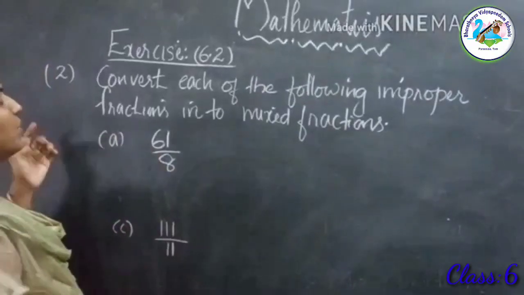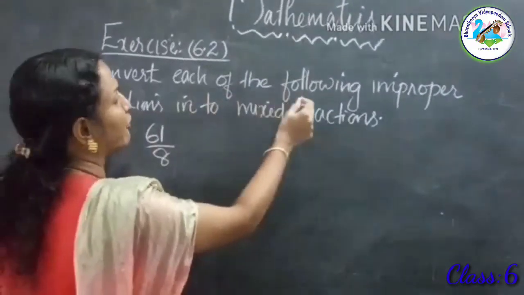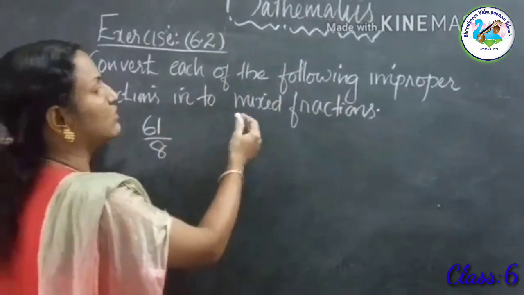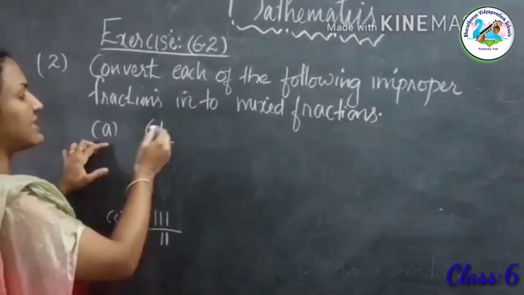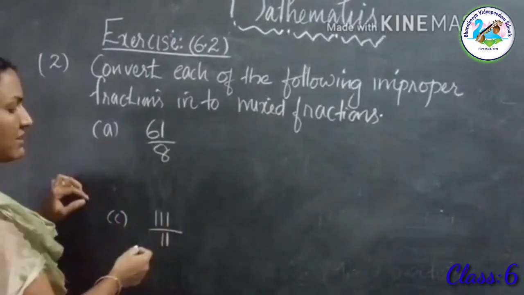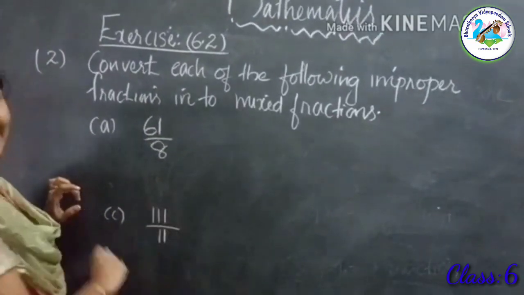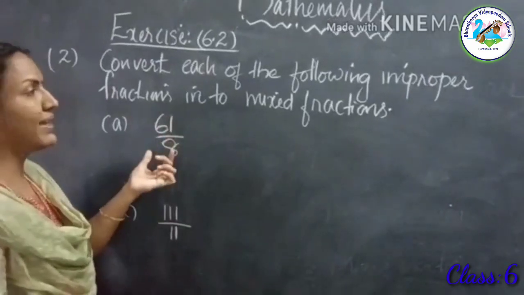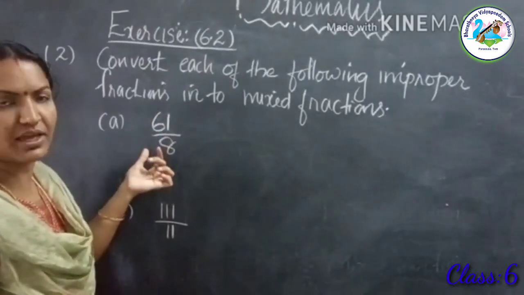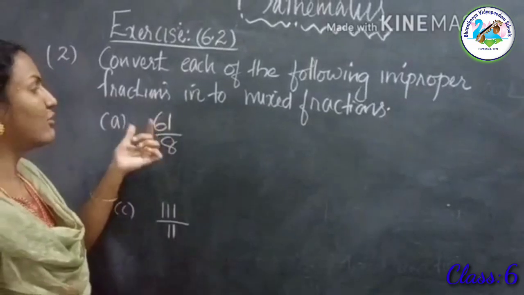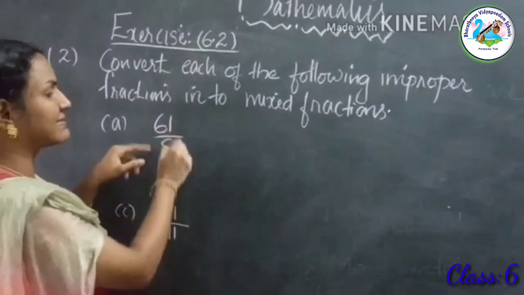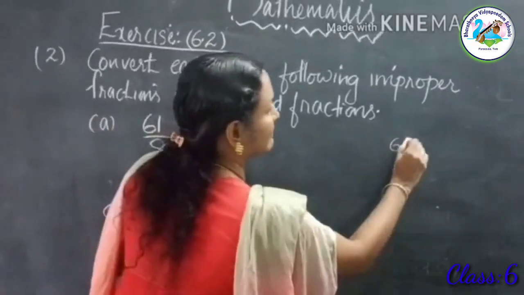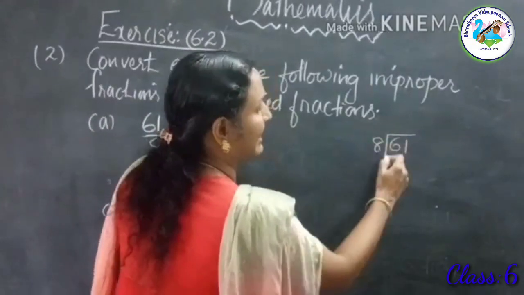Next, question number 2. Convert each of the following improper fractions into mixed fractions. Option A, 61 by 8. Option B, 111 by 11. So 61 by 8, it's an improper fraction. Okay, the numerator is greater. How to convert the improper fraction into a mixed fraction? We divide 61 by 8.